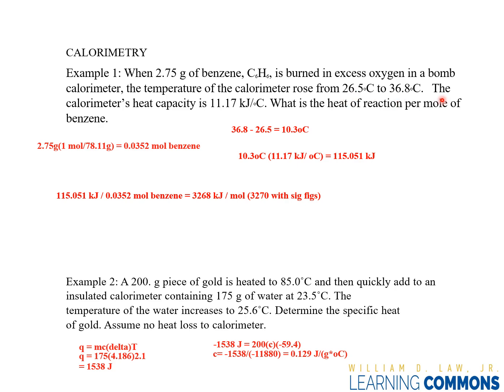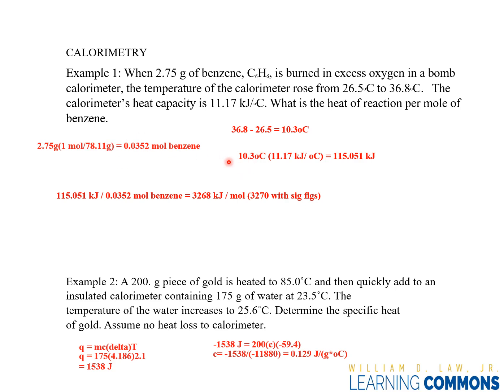The calorimeter heat capacity is given to you: 11.7 kilojoule divided by Celsius. And he asks you what the heat of the reaction is per mole of the benzene. First of all, we have to know the difference between the temperatures, the final from the initial; we get 10.